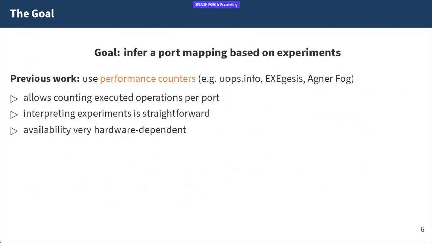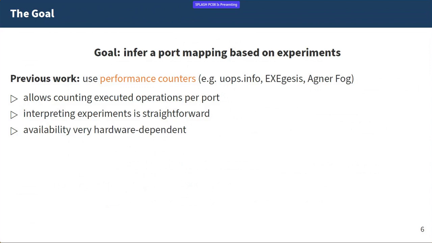They were mostly using hardware performance counters, which are these dedicated registers in the CPU that you can configure to count special hardware events, like, for example, whether micro-ops are executed on some of the execution ports, which is really helpful for this task because it gives you quite a deep insight into the problem.